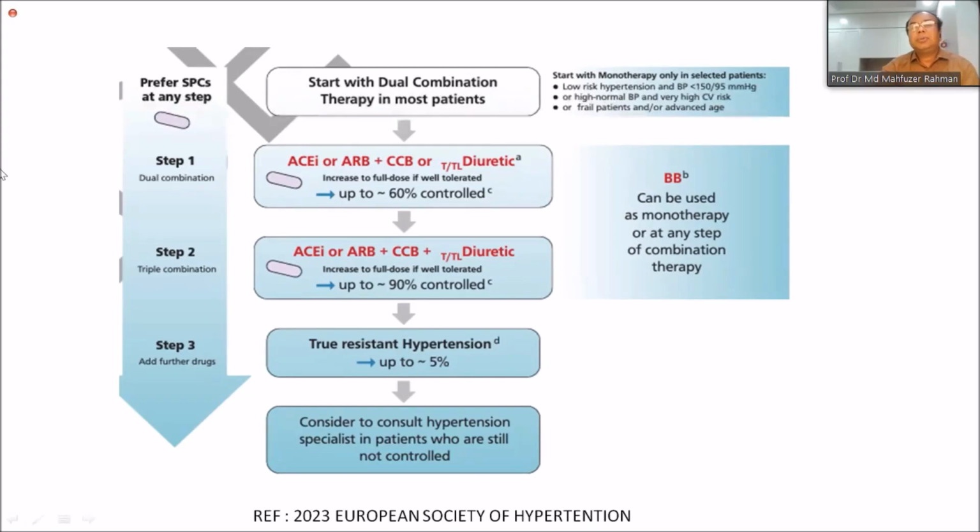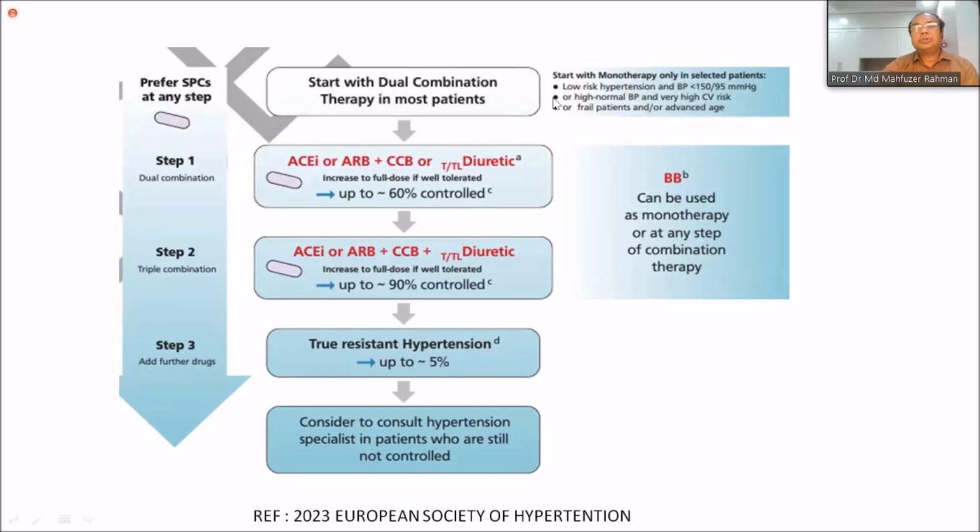And you see, beta blocker can be used as monotherapy or at any step of combination therapy. And we can start with monotherapy only in selected patients who have mild hypertension and blood pressure less than 150/95 millimeter mercury, or high normal blood pressure and very high cardiovascular risk, or frail patient and or advanced age.